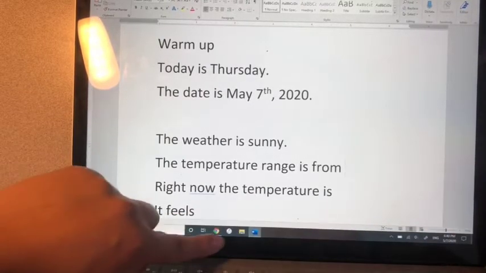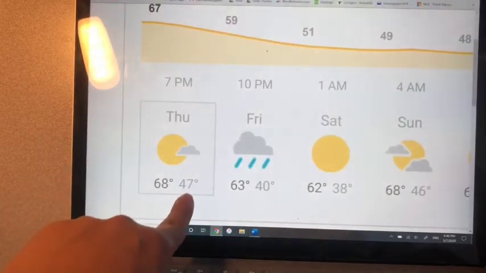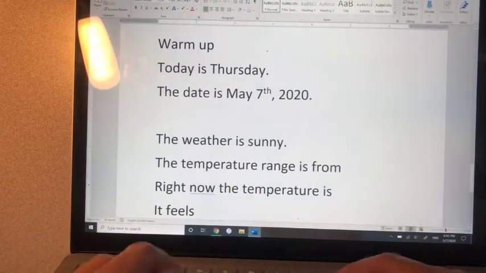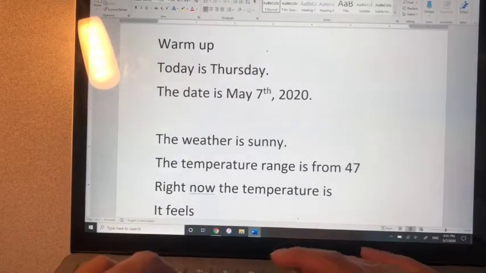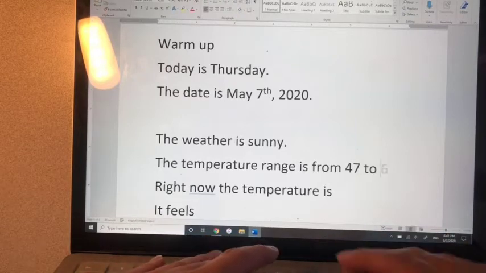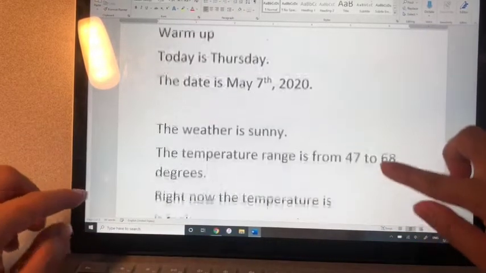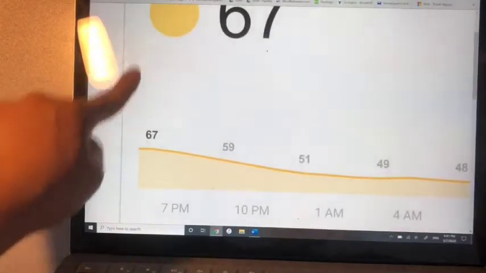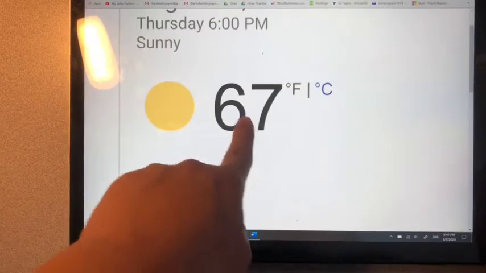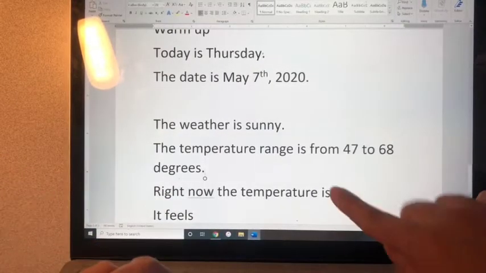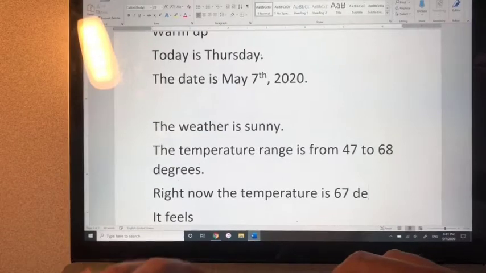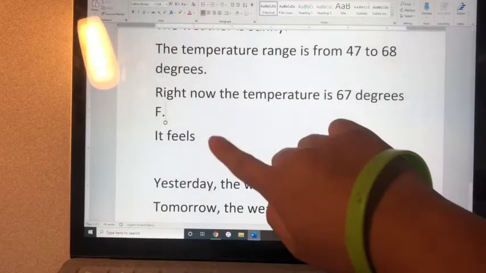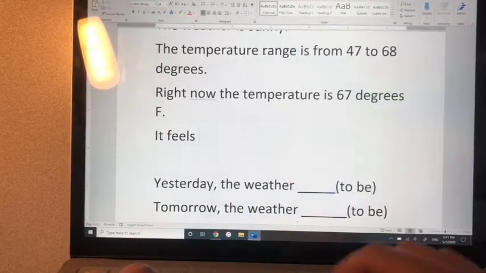The temperature range is from 47 to 68 degrees. Right now, the temperature is 67 degrees. It feels mild.